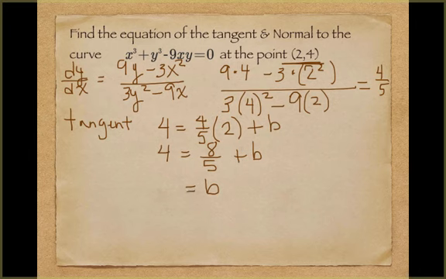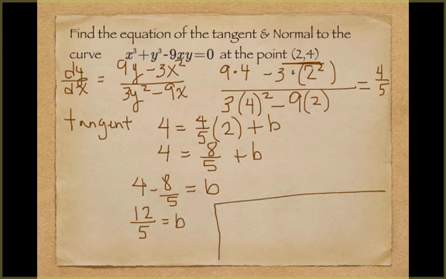So b equals 4 minus 8/5, which is 12/5. So the equation of my tangent line is y equals 4/5 x plus 12/5.